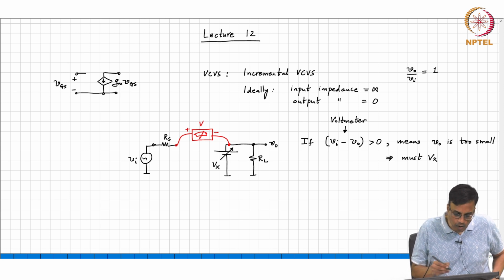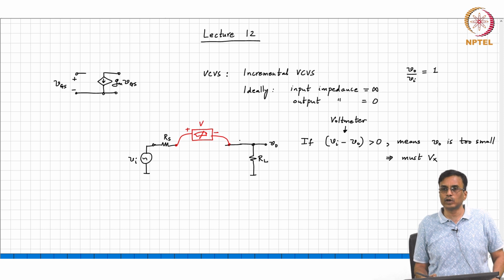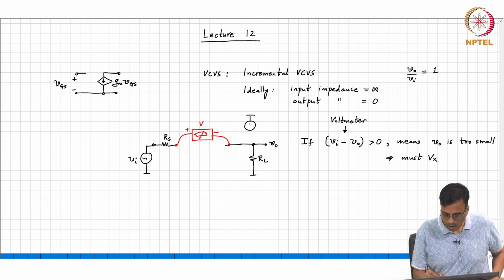Now if we wanted a variable current, so instead of using a variable voltage source here, if you had to use a variable current source, what would we do? You need to connect a current source which pumps current there, some Ix.